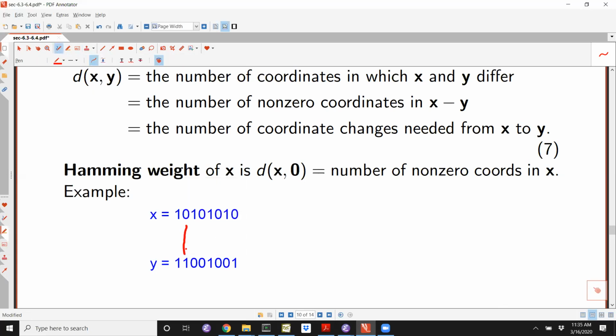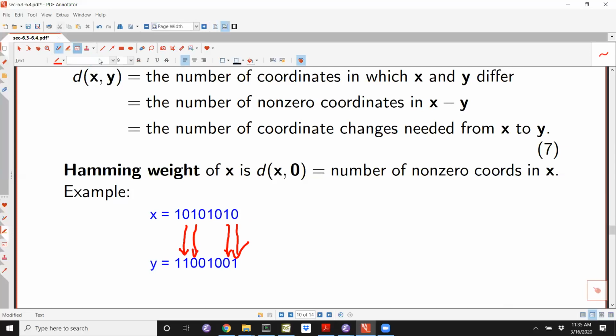Bit number 3 has to be changed. 4 and 5 are okay. 6 is okay. And 7 and 8 have to be changed. So bits 2, 3, 7, and 8 have to be changed to get from X to Y.